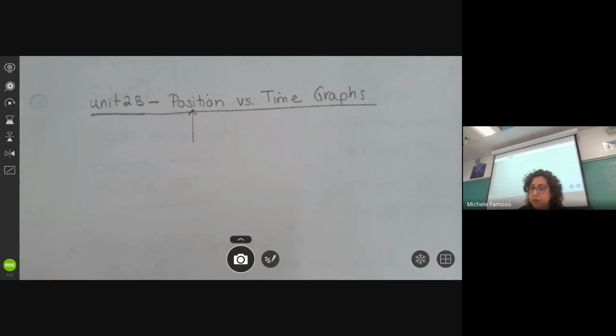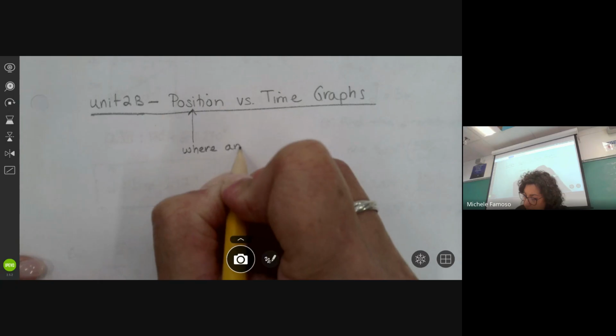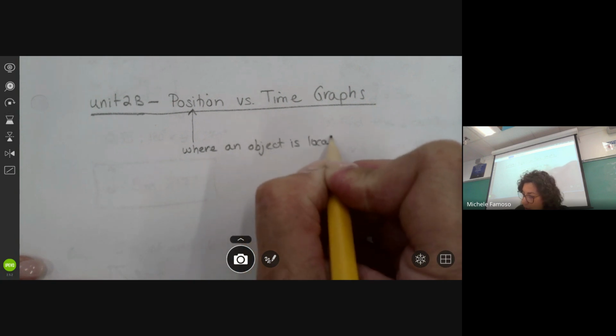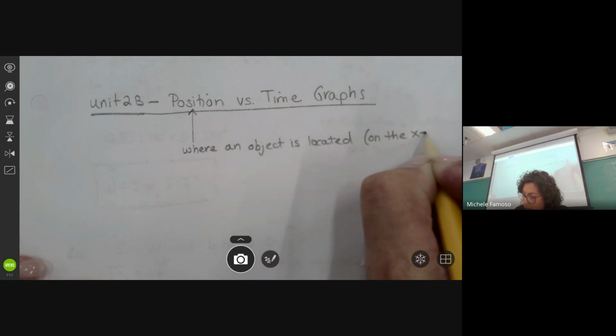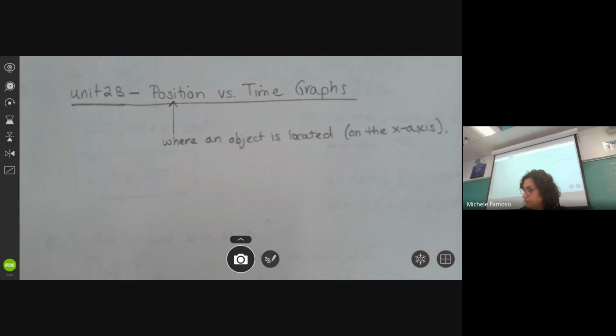When we talk about position, remember we're talking about where an object is located. And in this unit, we're going to say on the x-axis. Where is it located on the x-axis? We eventually might go to where is it located on the y-axis, or on the xy coordinate system. We did a couple of those initially. But right now, we're just going to deal with the x-axis.